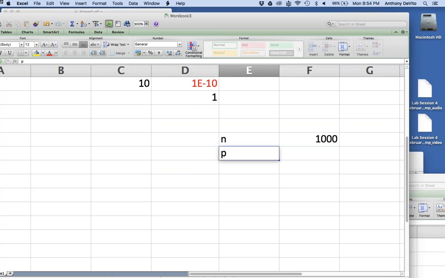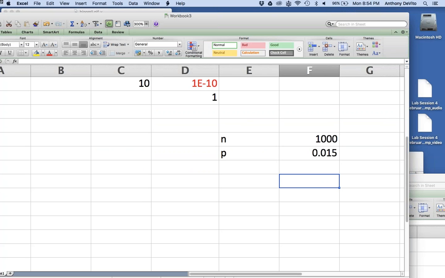And your probability of someone being HIV positive in that population is 0.015, 1.5%. How many people would you expect, the most common outcome, if you sampled 1,000 people in that population? You'd expect it to be n times p, right? Or 15 people is what you would expect.